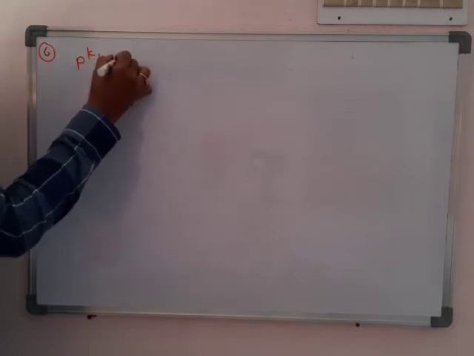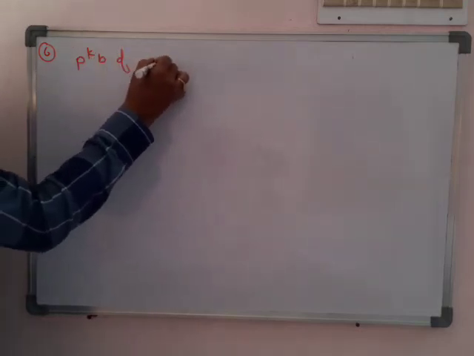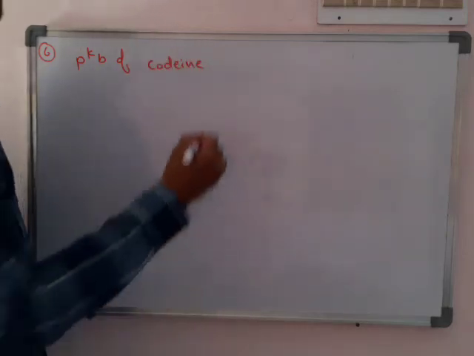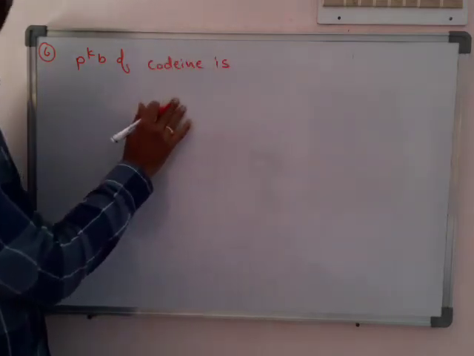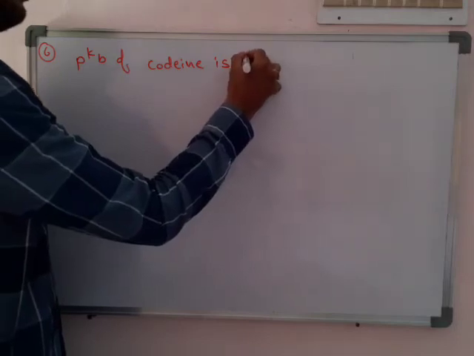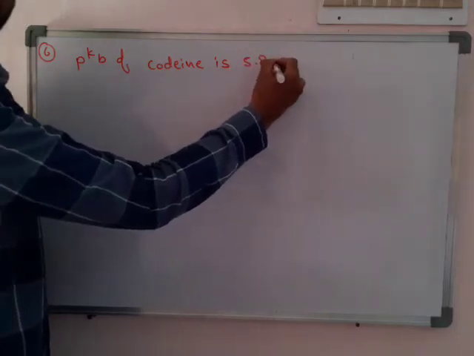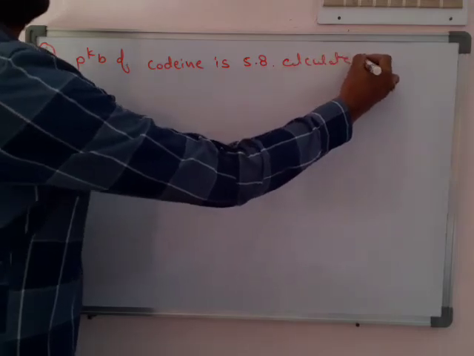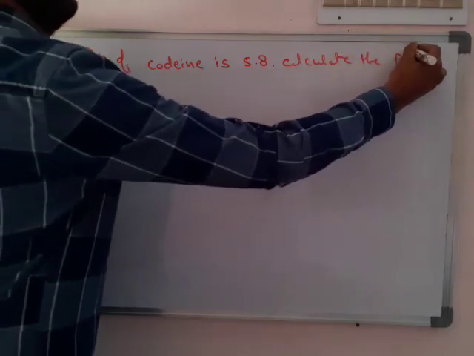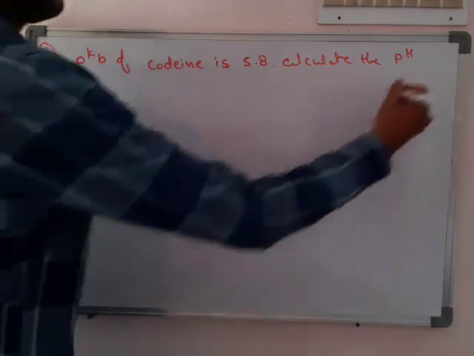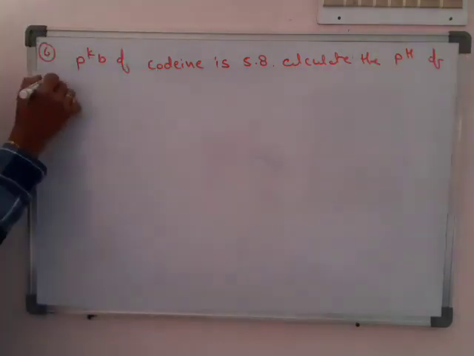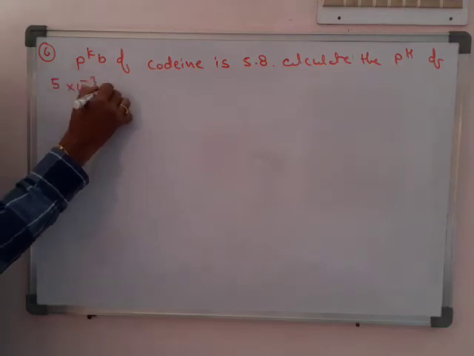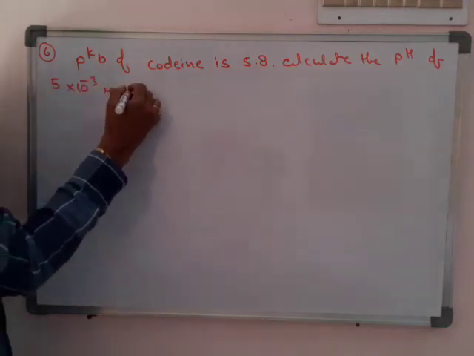So it is given the pKb of codeine. So given as it is a chemical, codeine, is 5.8. So calculate the pH of 5 into 10 power minus 3 M aqueous codeine solution.